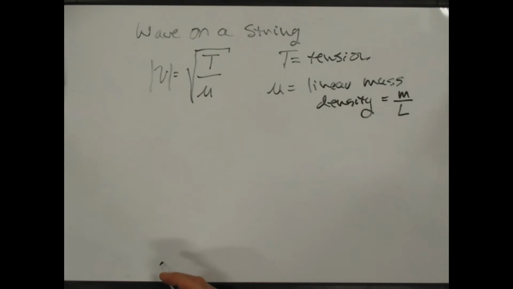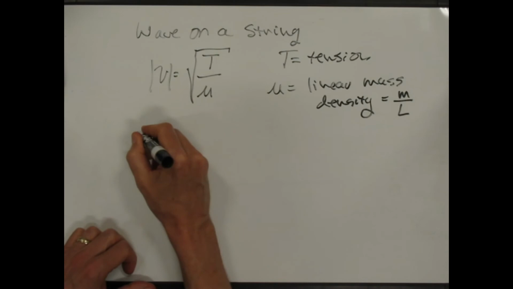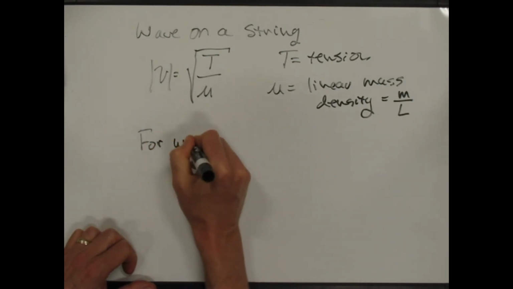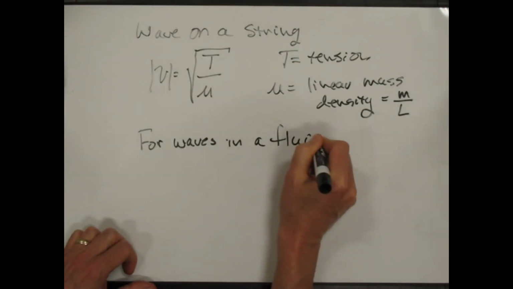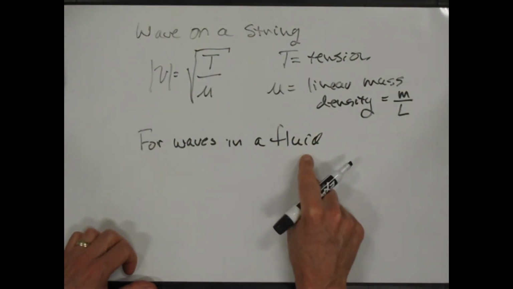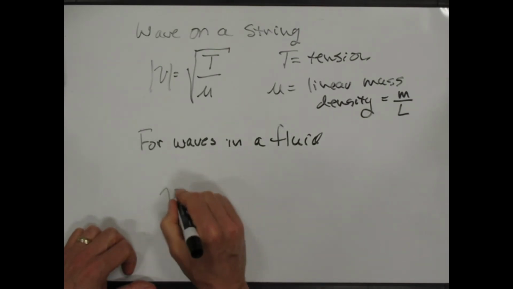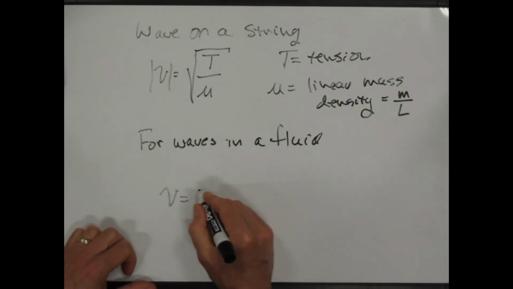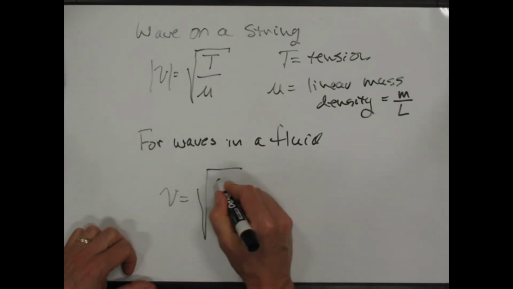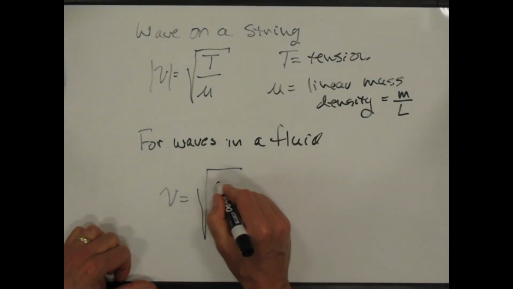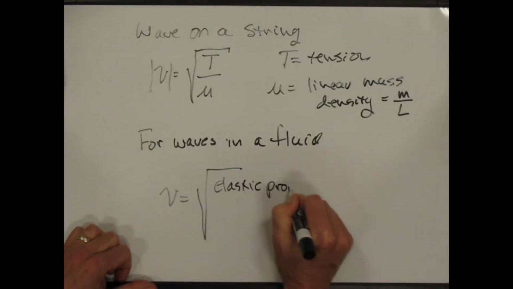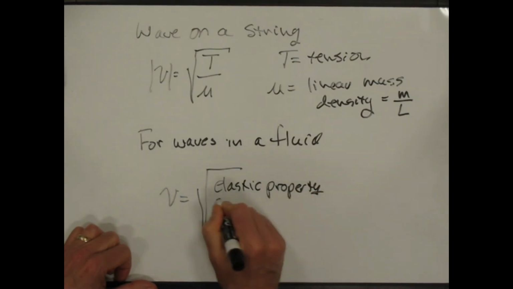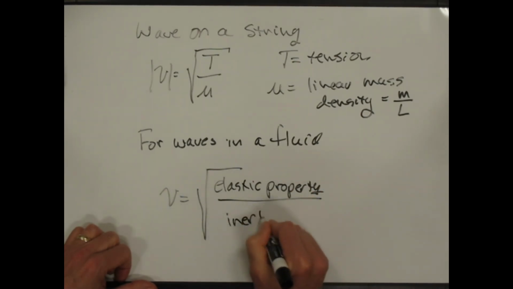I'll do some examples for that, but I just wanted to say one other thing. For waves in a fluid, so that could be air or water or anything like that, the speed is equal to the square root of the elastic property over the inertial property.